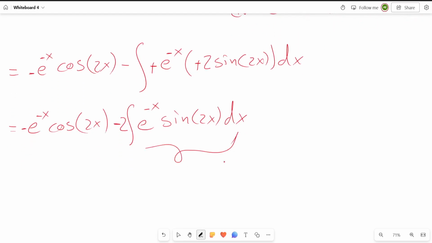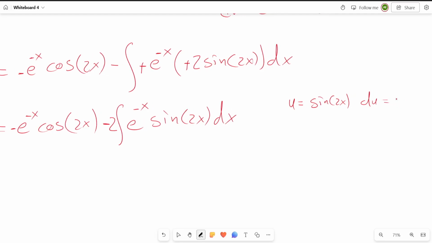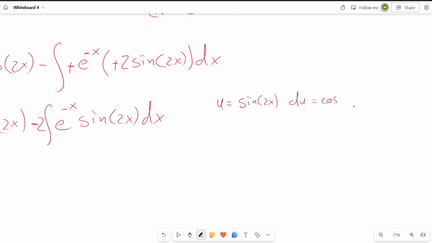Again, I will find this integral. I need to evaluate it by using integration by parts again. So let's do a new u and dv substitution. So I'm going to choose my u as sine 2x. That makes my du equal to cosine 2x multiplying the differentiation of what's inside, so multiplying 2 dx.